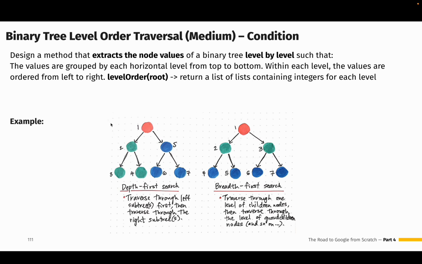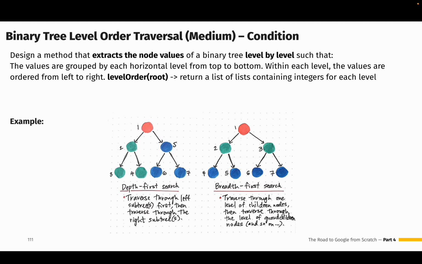In this exercise, we are asked to traverse our tree using breadth first search, and the idea is that we will start from the first level, then we will go to the second level, the first element and the second element, then we will go down again, we will start from this element, then this and this. So we go through our tree from top to bottom and left to right. I hope this is clear.